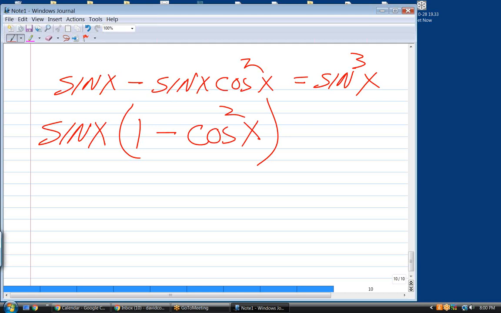When you factor out something, as you go, check to make sure you've done it right. The moment I write that 1 in there, I'm multiplying that times 1 to make sure I got that term right there. The moment I write in minus cosine squared of x, I'm multiplying that by that to make sure I've got that term right there.